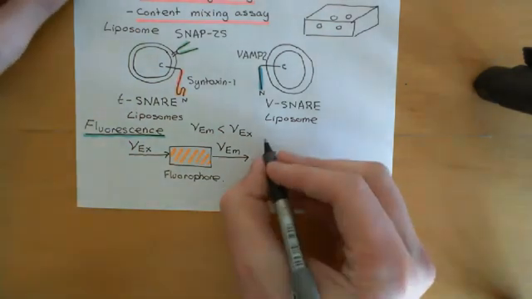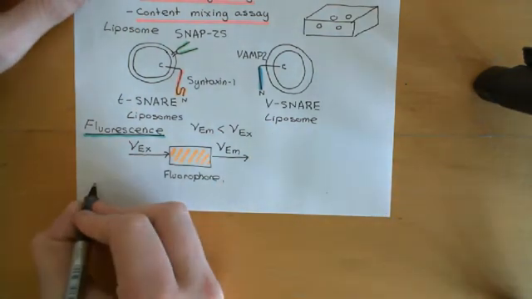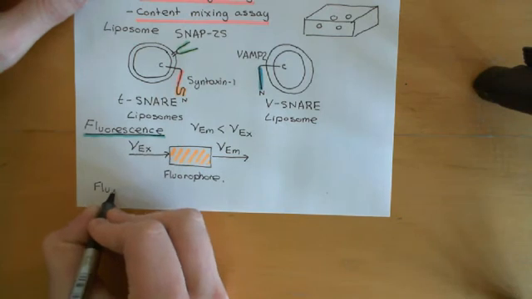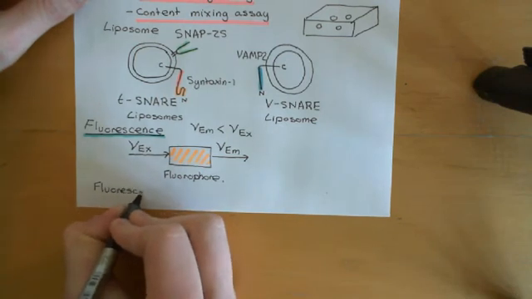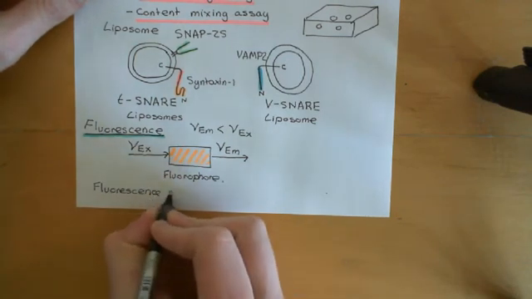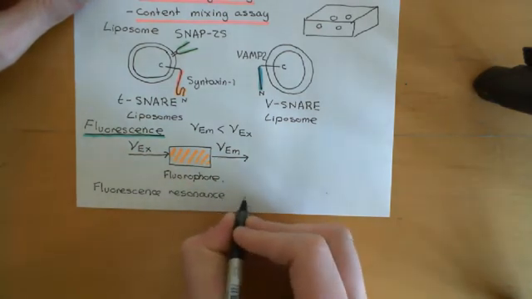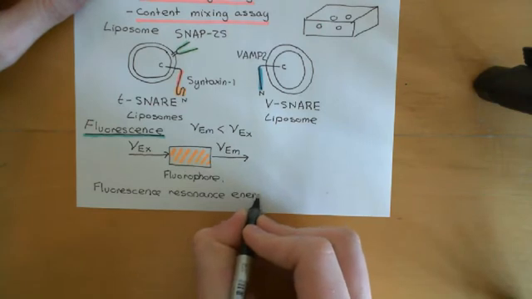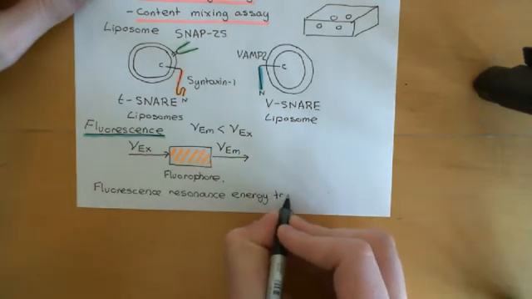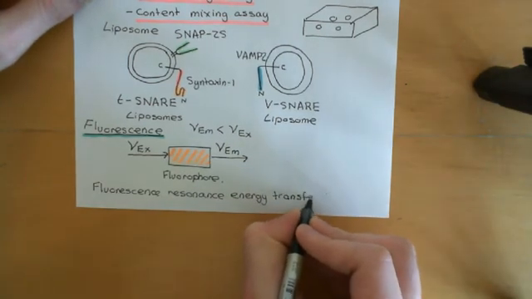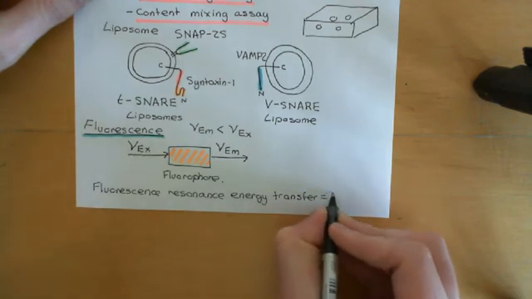Now there is another important concept, which is fluorescence resonance energy transfer, which is a truly horrendous title for something that's actually really simple. It is usually abbreviated down to FRET.